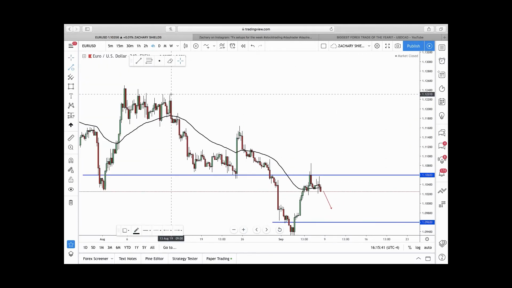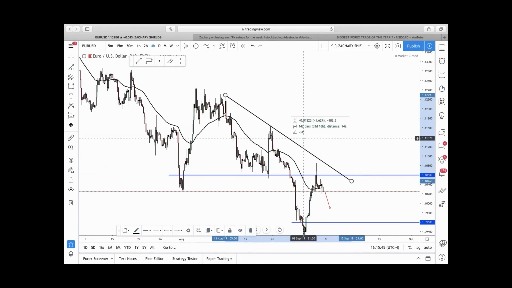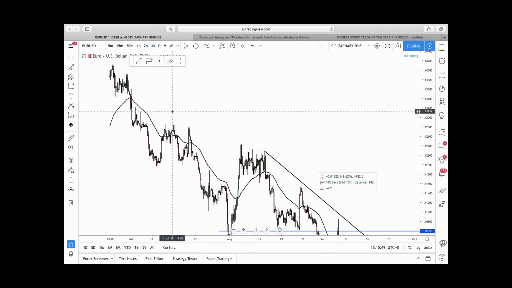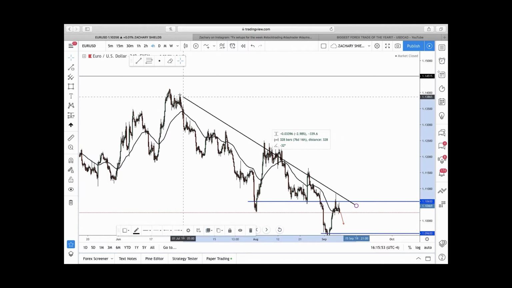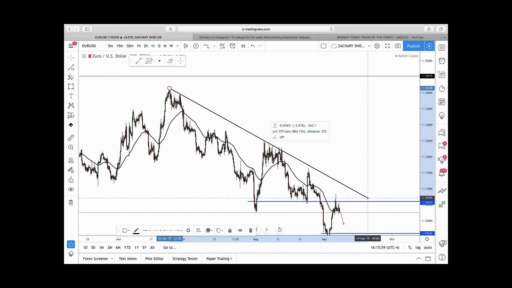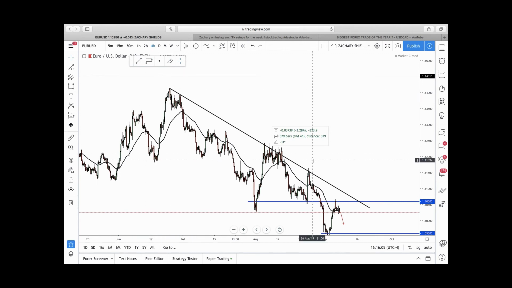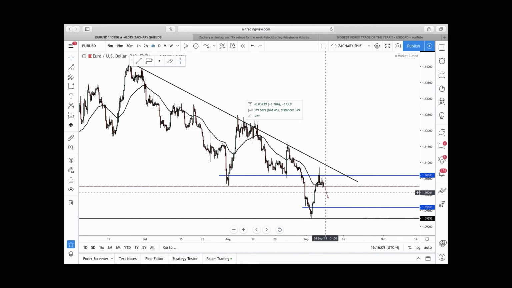What I can see as well is a trend line. So I do see a trend line, and let's see if we can plot it from any further. So I like that trend line. Right now, Euro looks like it will pull back a little, but I don't have a favored bias.